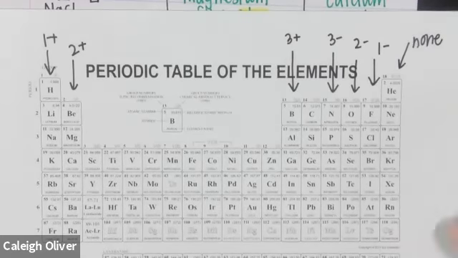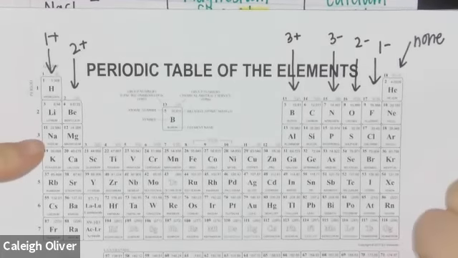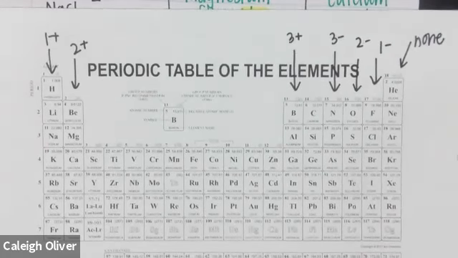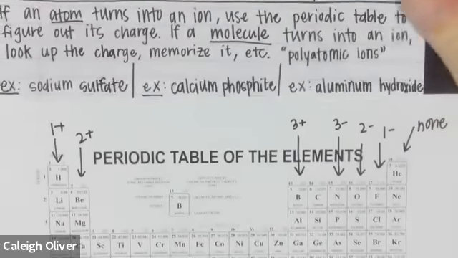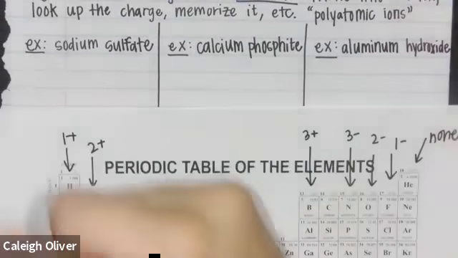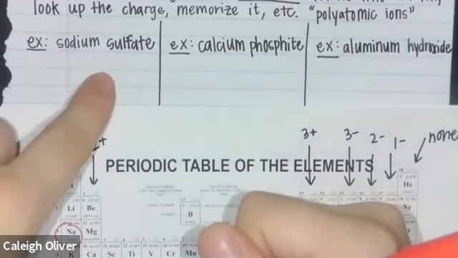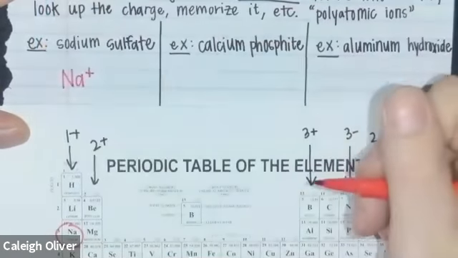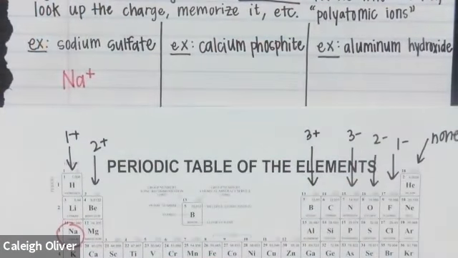So sodium is in the 1+ column. So here's sodium. Sodium sulfate, Na+1. Sulfate, I have to flip through my little cards because I just barely got them like 15 minutes ago and I don't know any of them.